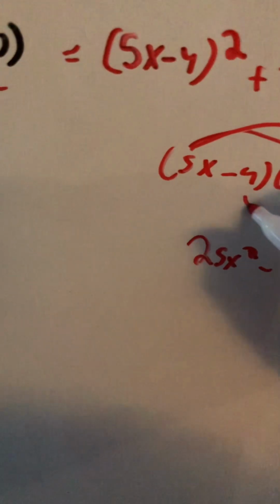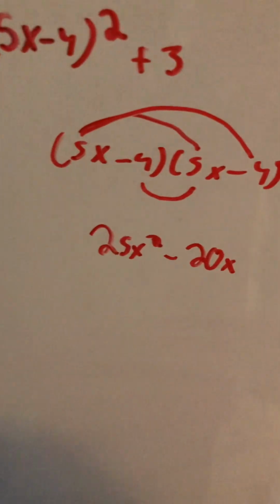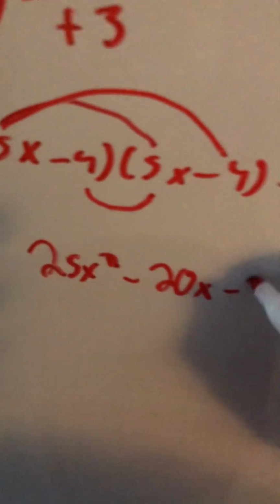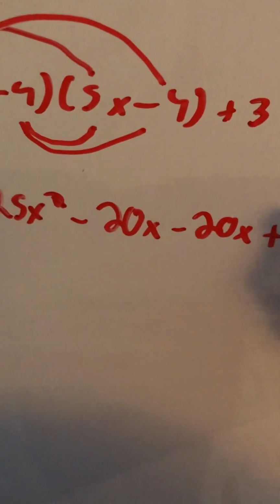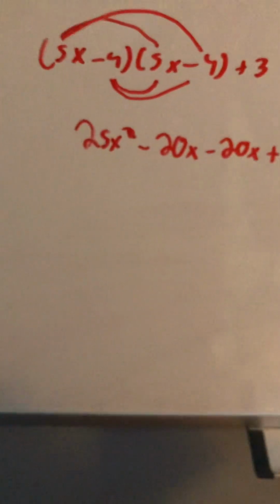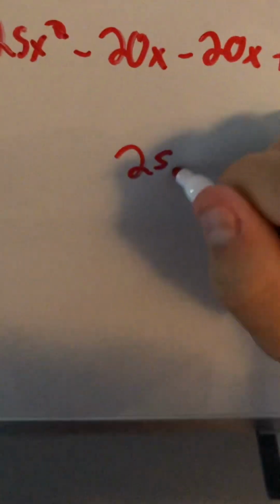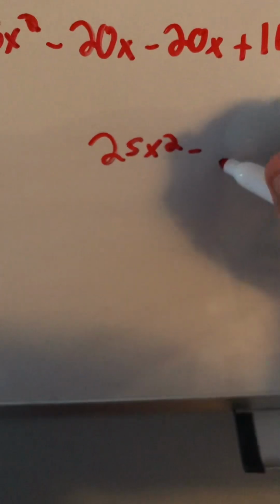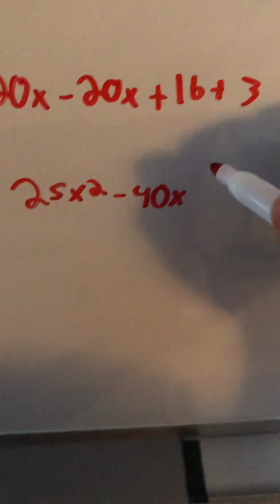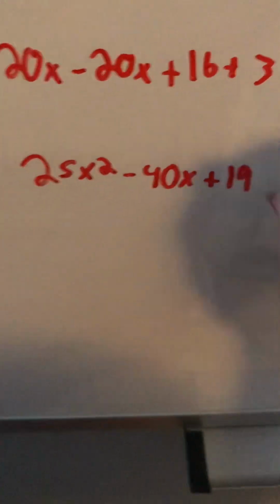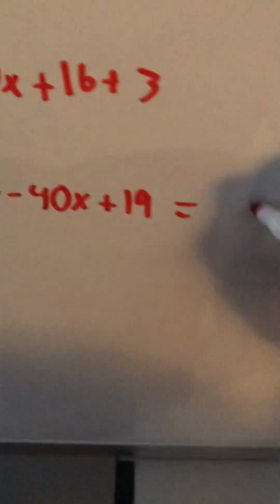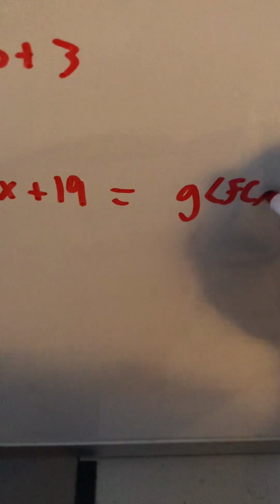And then negative 4 times 5x is going to be minus 20x. And then negative 4 times negative 4 is going to be plus 16, plus 3. Then I combine like terms. I get 25x squared minus 40x plus 19. And that is g of f of x.